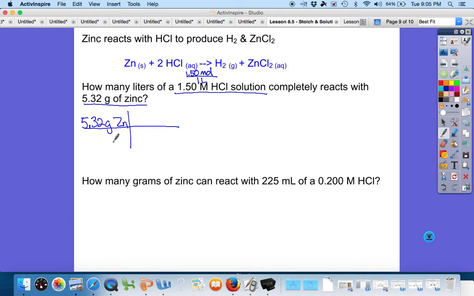So we need to go from grams to moles by using the molar mass of zinc, which you should find to be 65.41 grams. Use our mole to mole ratio to go to hydrochloric acid. So for every 1 mole of zinc, there are 2 moles of hydrochloric acid.